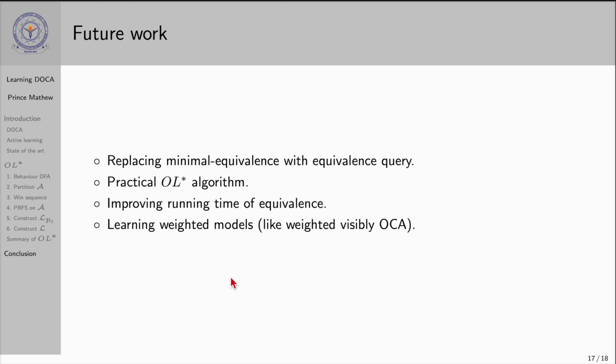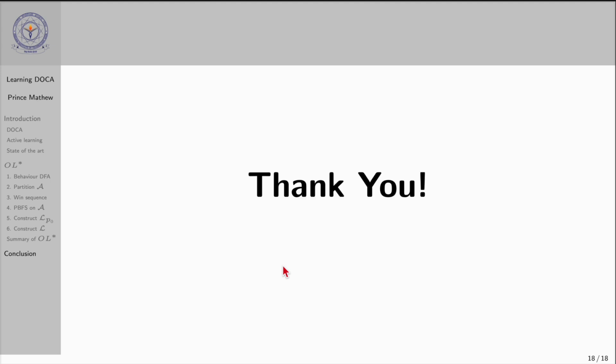Right now the equivalence check is in polynomial time, but again the involved polynomials are huge, and these polynomials have a direct impact on the running time of the All-Star algorithm. So if you have a faster algorithm for checking the equivalence of one-counter automata, you would have a faster algorithm for learning as well. Also, learning weighted models like weighted visibly one-counter automata is another future work that one can think of.